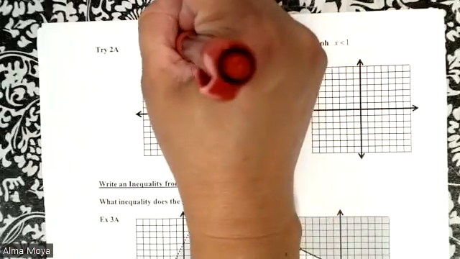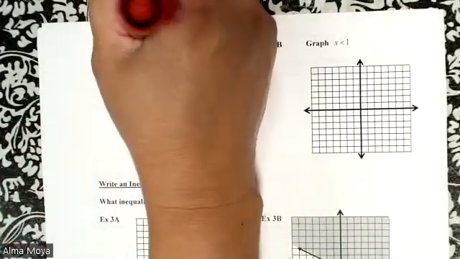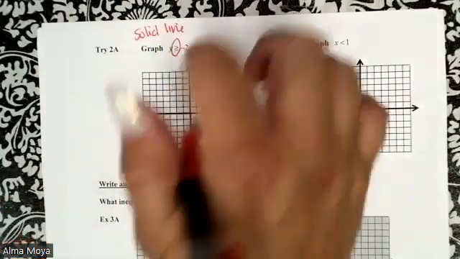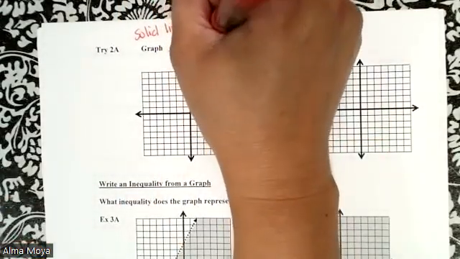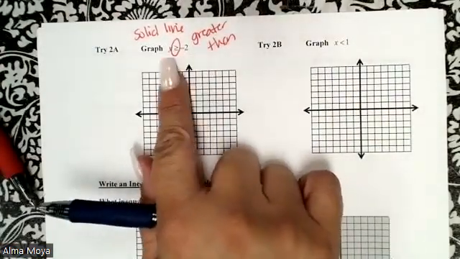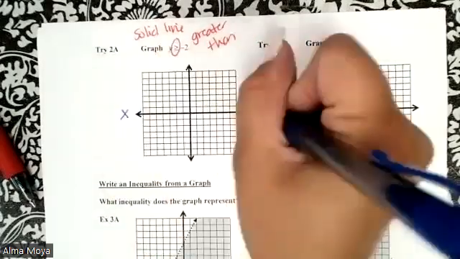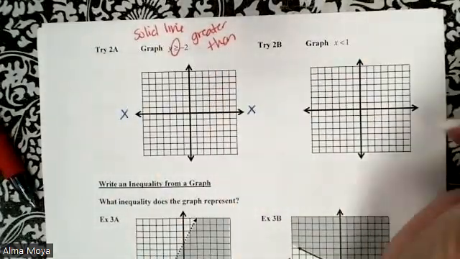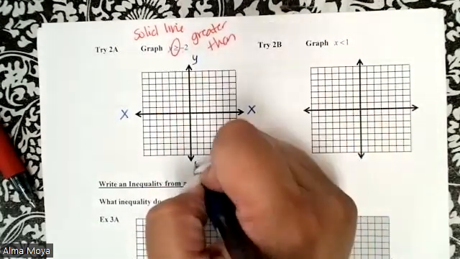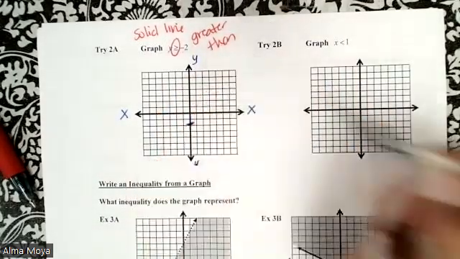This is going to be a solid line because there's a line on the bottom. And that is the greater than symbol. There is no x. So the graph is never going to cross the x line. You are looking for y equals -2. Well, y is -2 down here.